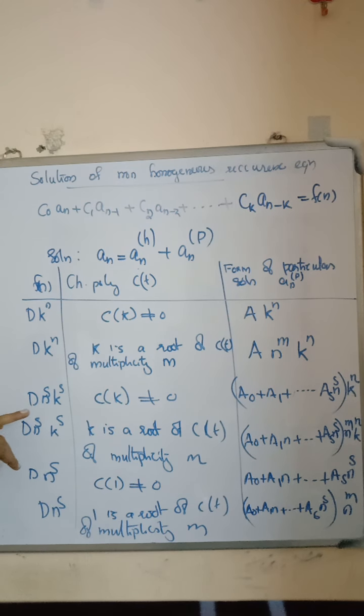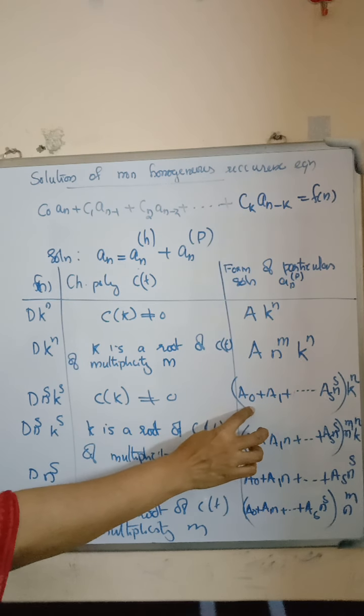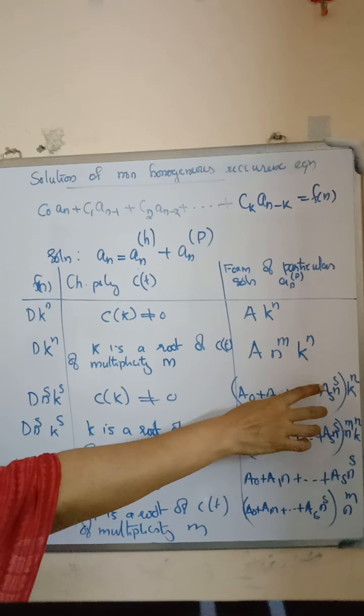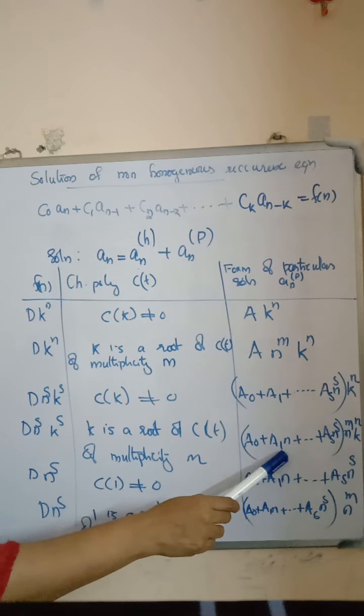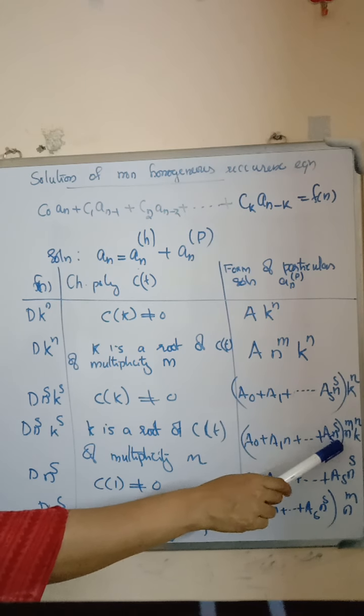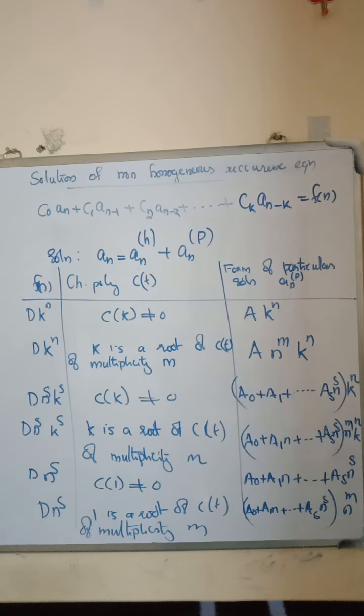Next form, the right side is n raised to s into k raised to n. If k is not a characteristic root, then the particular solution is of the form a0 plus a1 n plus etc. plus as n raised to s, into k raised to n. If k is a root of the characteristic polynomial with multiplicity m, then a0 plus a1 n plus etc. plus as n raised to s, into n raised to m, into k raised to n is the particular solution.